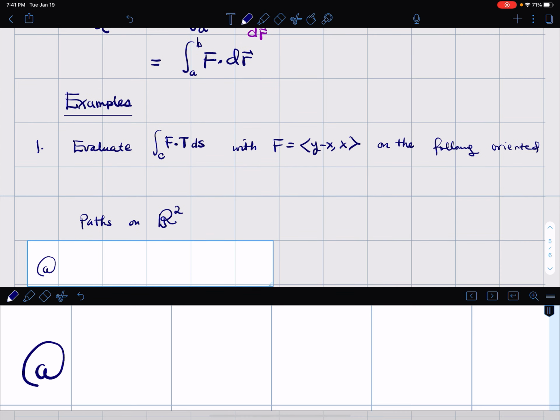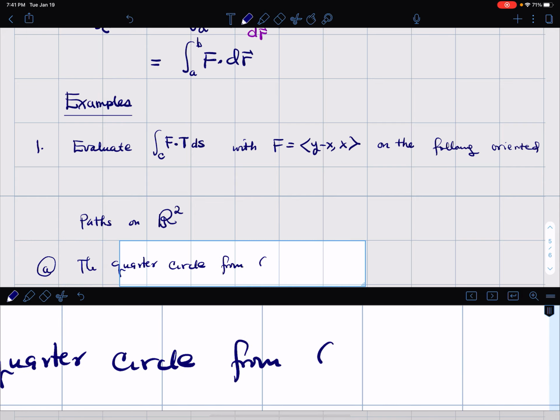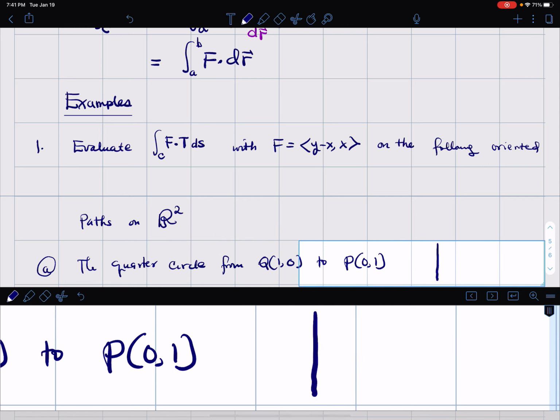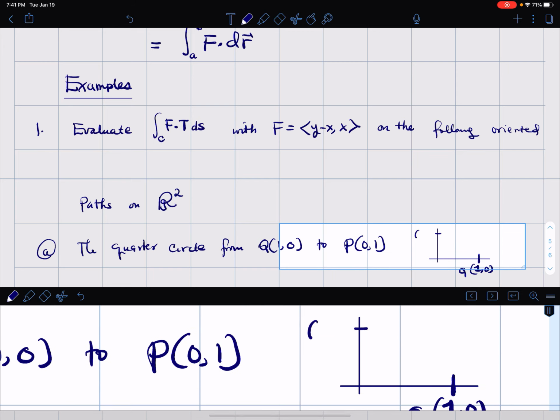So the first path is the quarter circle from Q, which is (1, 0), to P, which is (0, 1). Like that. So that's the orientation, positive orientation.